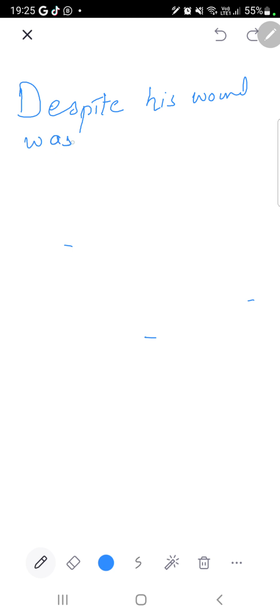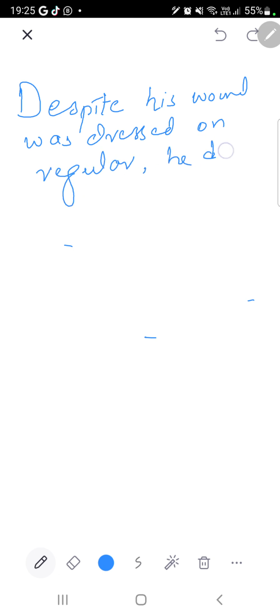Similarly, we can also write down the clause of contrast with this one, despite, right? Despite, let's say, his wound was dressed on regular basis, he developed infection.